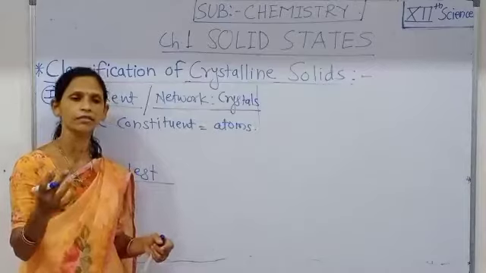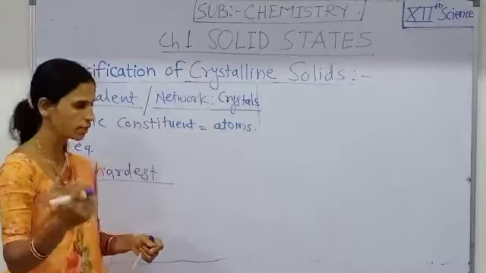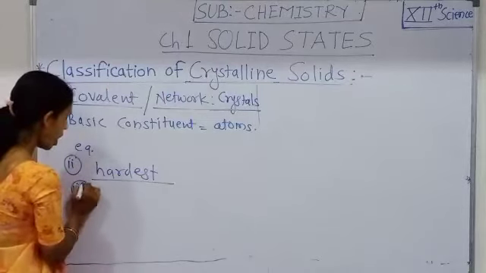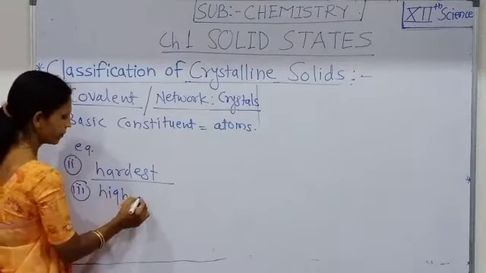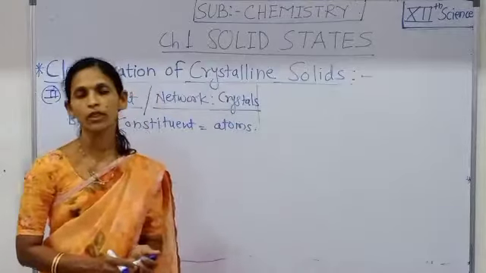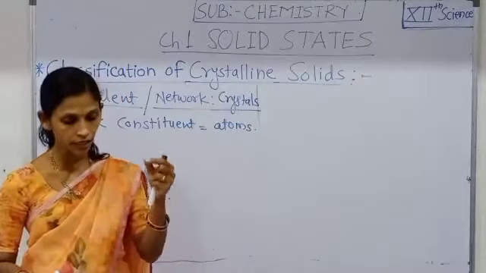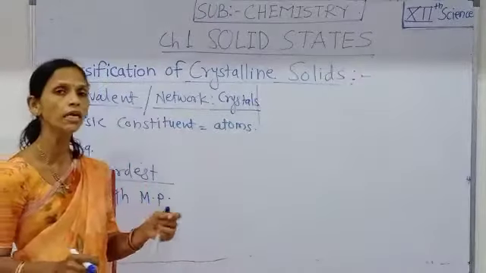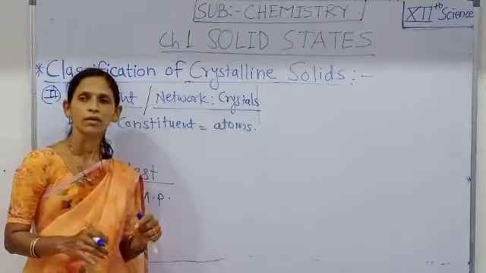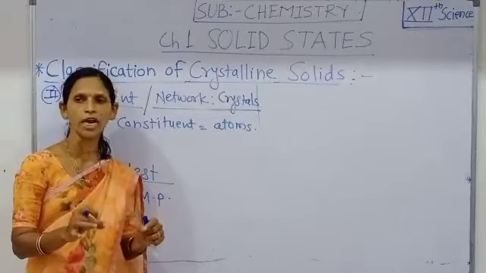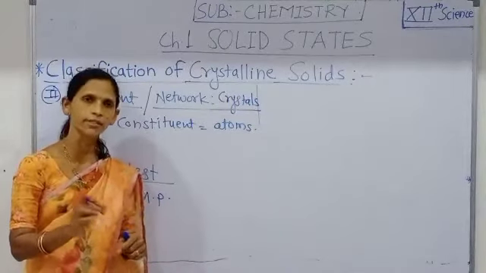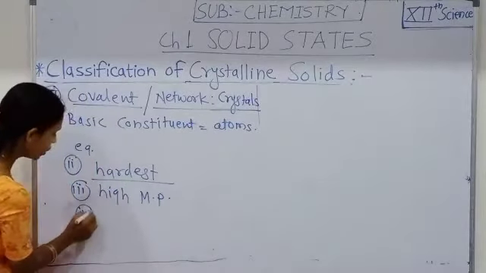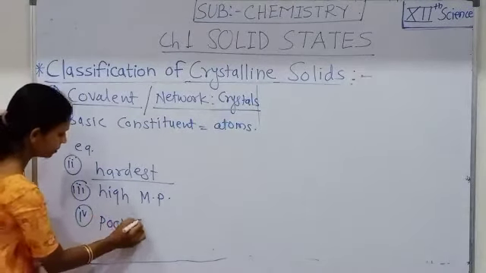Diamond is the hardest substance, and as it is hardest, it has a high melting point, about 1200 degrees Celsius to 4000 degrees Celsius. Mobile electrons are absent in the giant network of these crystalline substances. Therefore, they are poor conductors of electricity.